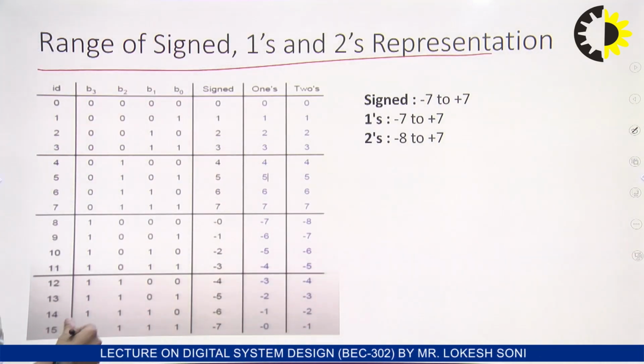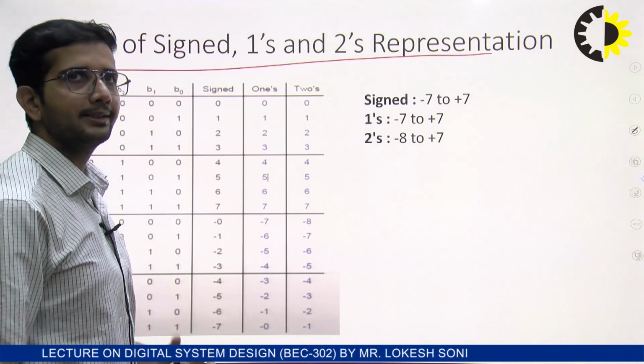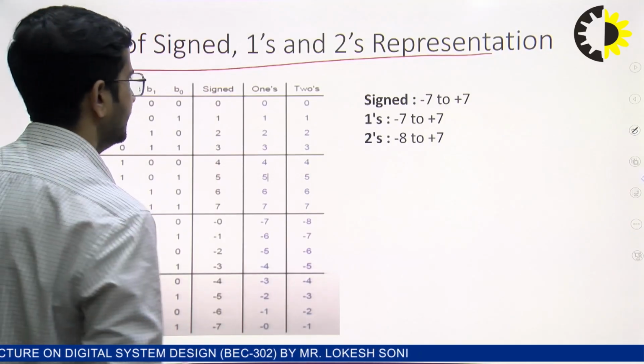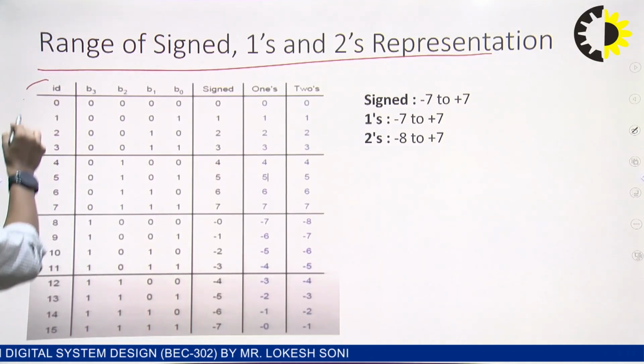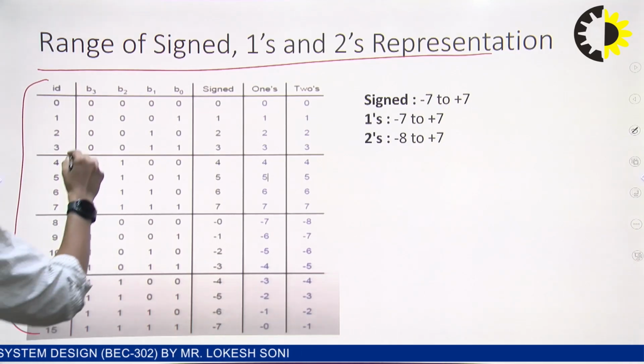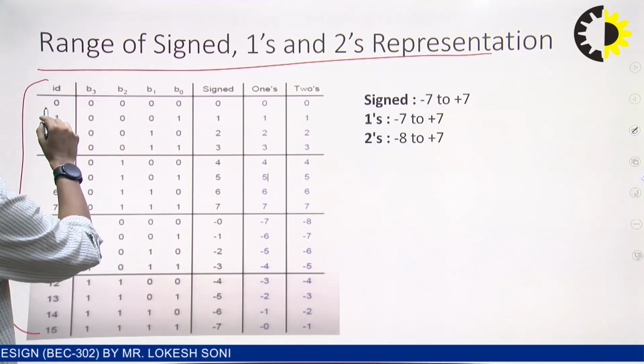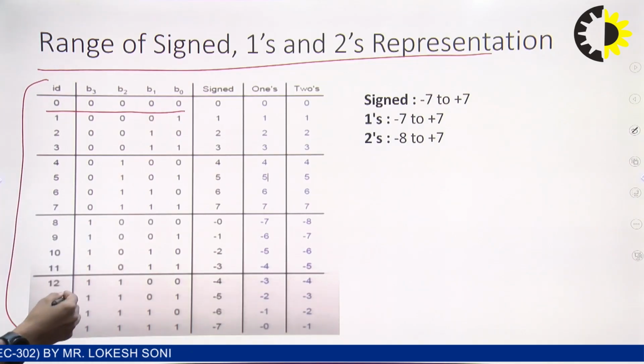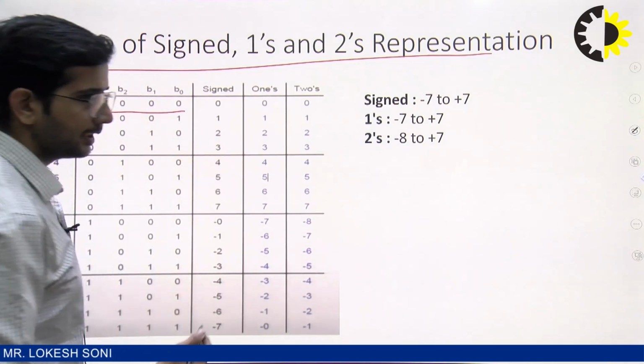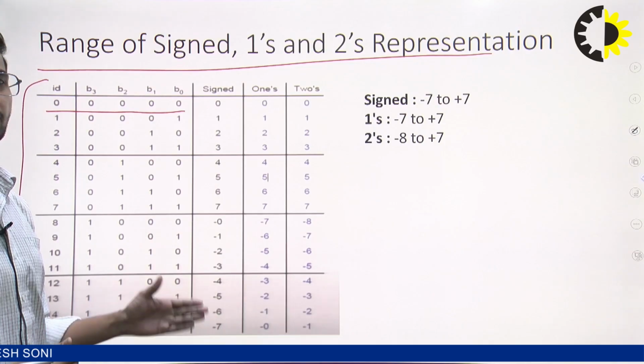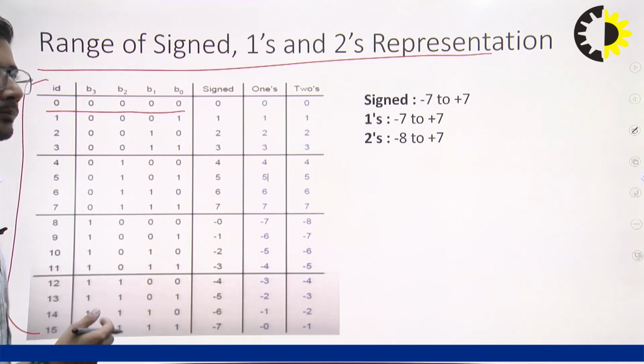Now, what is the range of sign magnitude, 1's complement and 2's complement? We have to see it from this table. For sign magnitude representation, 0 in binary is 0000. Again, 0 is the same for sign magnitude, 1's complement and 2's complement.